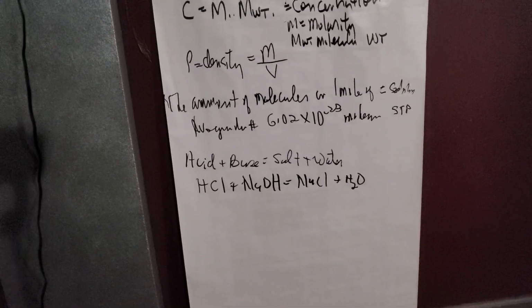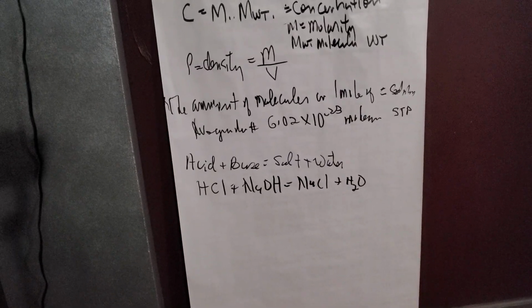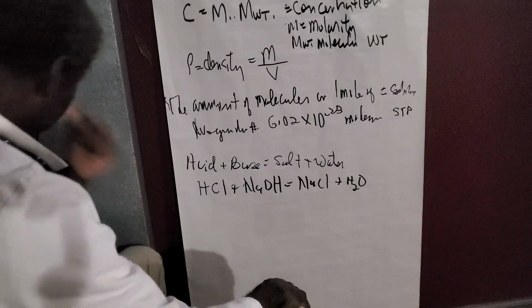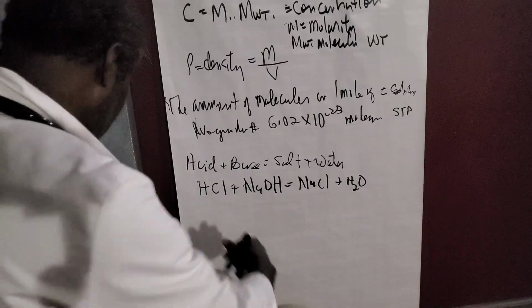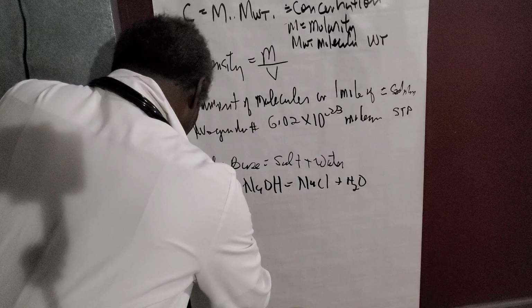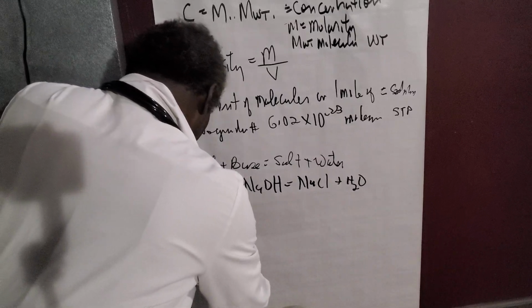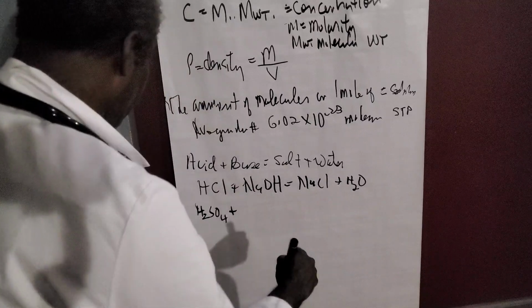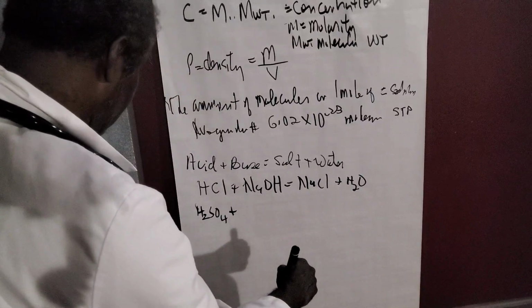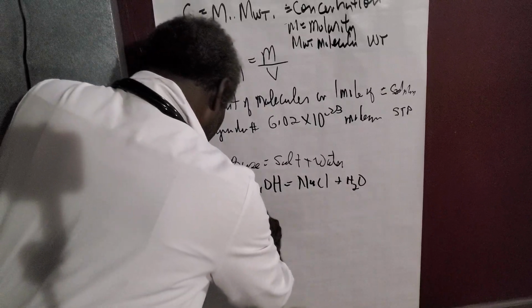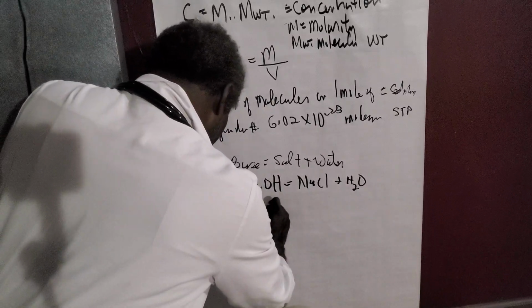All right, let's quickly drop down some more neutralization, acid plus base here, following this formula. So our acid will be sulfuric acid, H2SO4, plus some base, hydroxide. Let's use magnesium hydroxide.